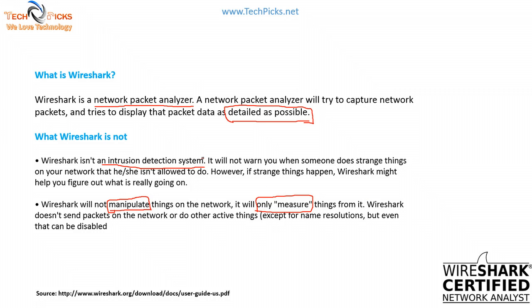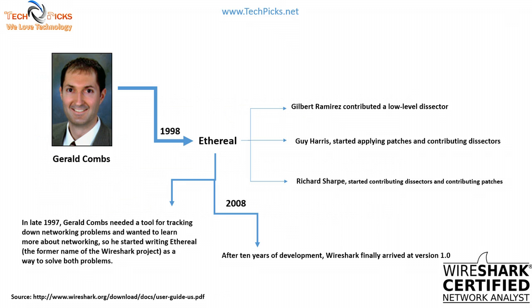Now, the next thing is, how did Wireshark start? Who created Wireshark? Gerald Combs. He worked in networking, and in late 1997 he needed a tool for tracking down networking problems and wanted to learn more about networking.